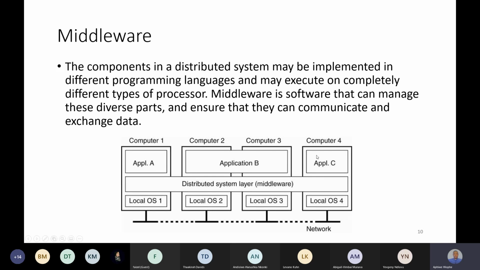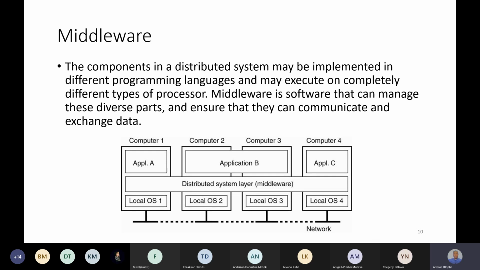Let's assume that computers 2 and 3 are on the same operating system, running Windows, but computers 1 and 4 are running Linux. Because they're communicating through the network and running their own localized operating systems, we need something there to convert, because at the end of the day, it's all about the data.